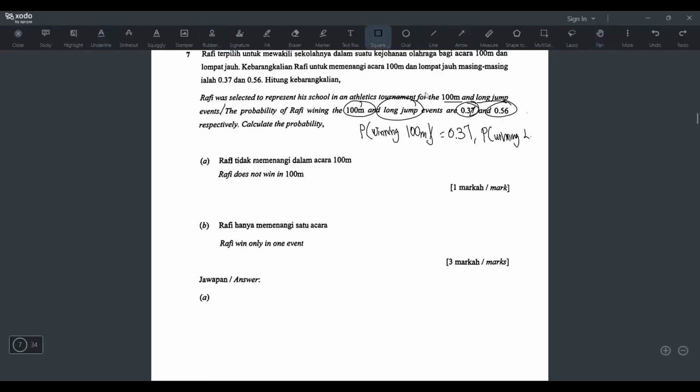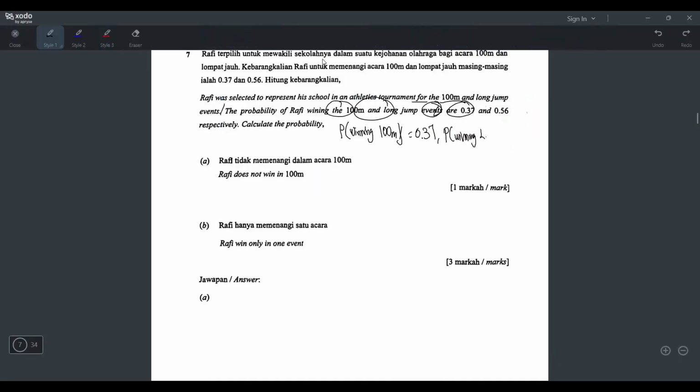Wait, let me make this smaller. So winning long jump is 0.56. Okay, and then it says calculate the probability A, Rafi does not win in 100-meter. If the probability of winning is 0.37, then what is the probability of not winning, or you can say losing, right?